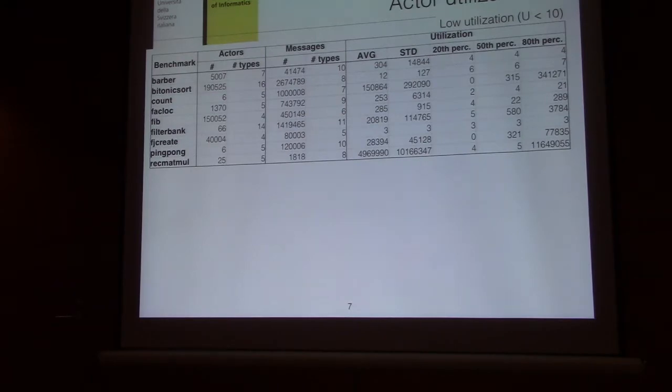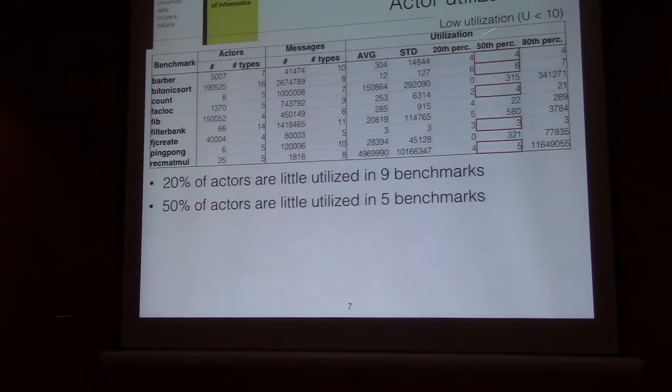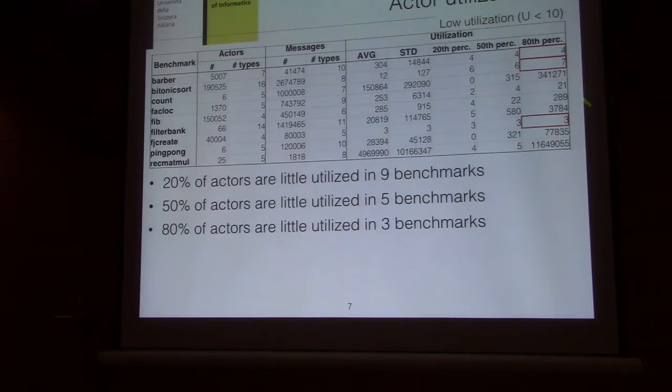First of all, I will start with little utilized actors. If you focus on the percentiles of the distribution, you can see that in 9 benchmarks out of 30, at least 20% of actors are little utilized. And in 5 benchmarks, the percentage is at least equal to 50%. And finally, in 3 benchmarks, at least 80% of actors are little utilized.